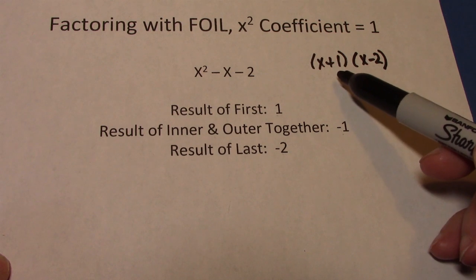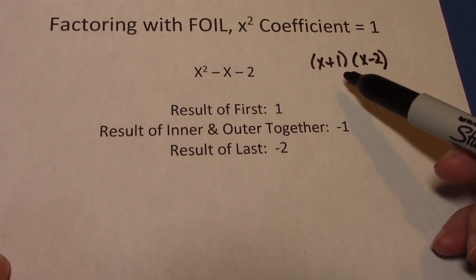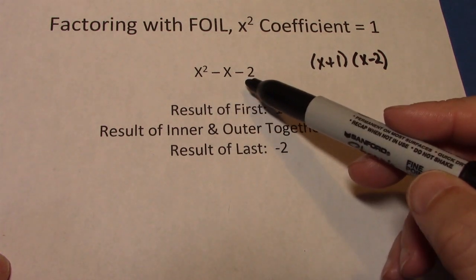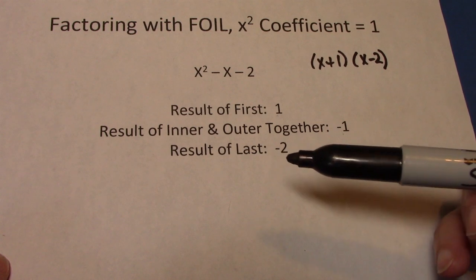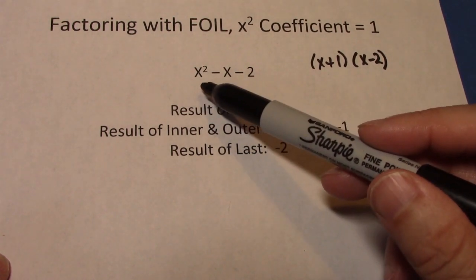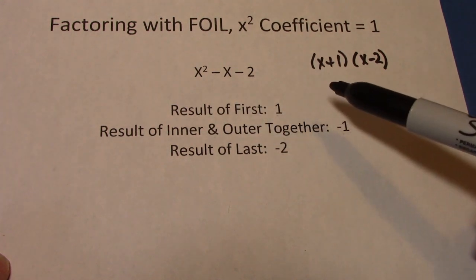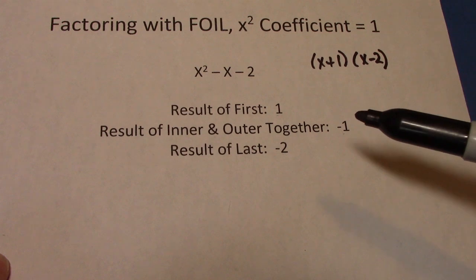X plus 2 has two terms. That means we call it a bi, or two nomials. This has three terms, so we call it a trinomial. Tri being 3, like tricycle. So our goal is to take this trinomial and factor it into two binomials. We already know the result, but how do we get it if we don't know the result?